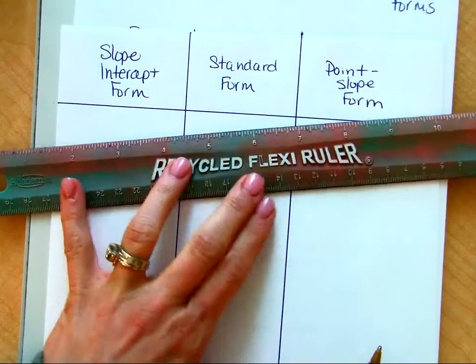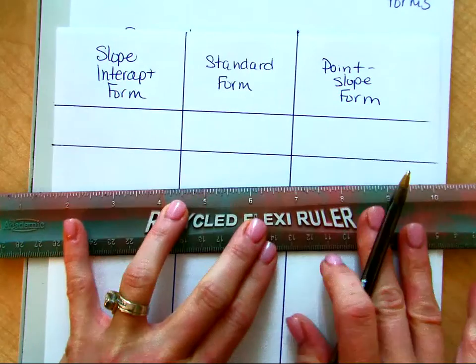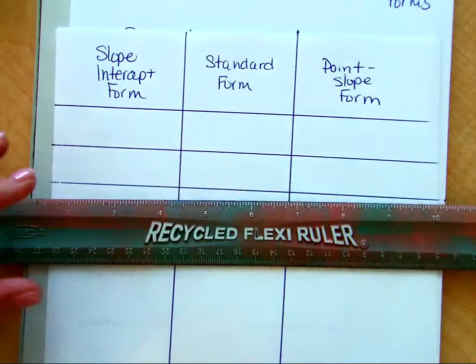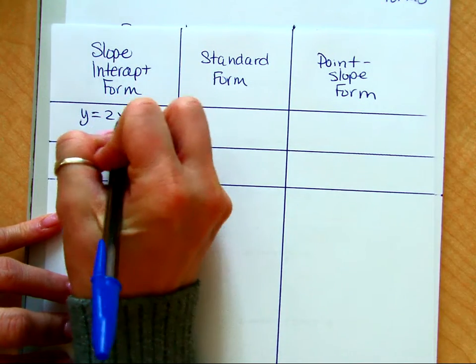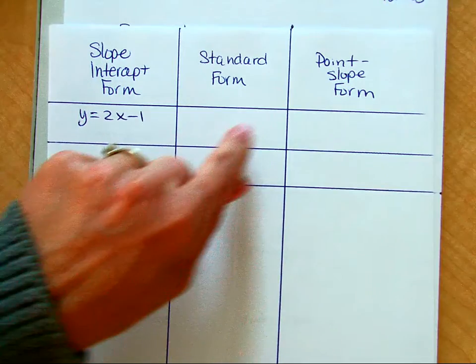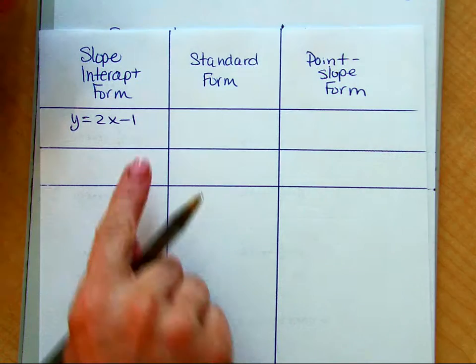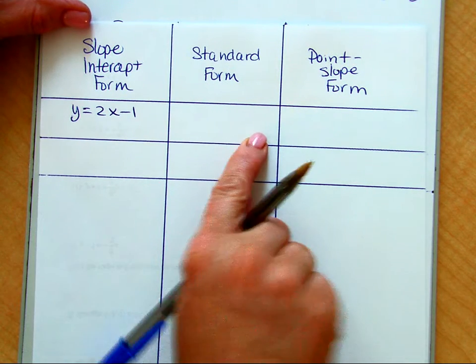Okay? So what this means is I'm going to give you an equation in slope-intercept form, like maybe y equals 2x minus 1. But I'm going to leave these 2 columns blank, and you have to know how to take it from slope-intercept and put it into standard and point slope.